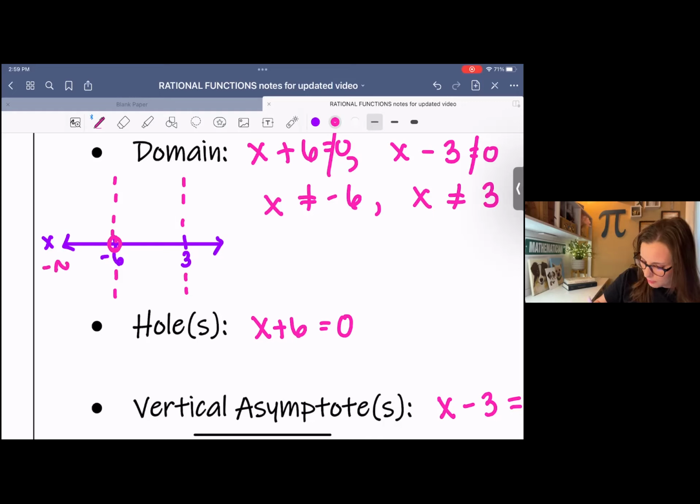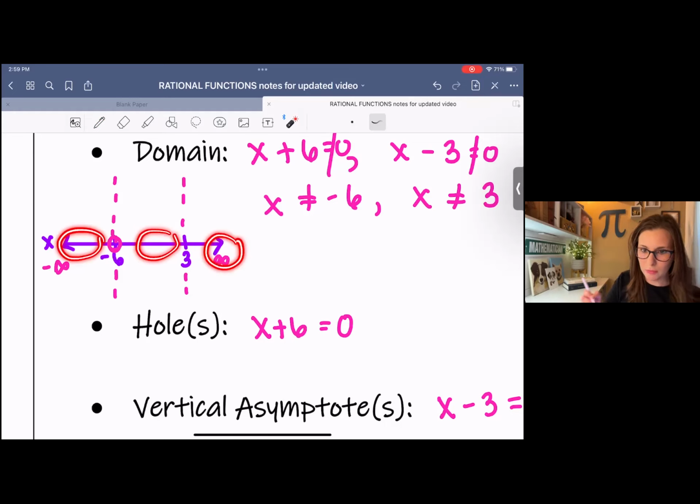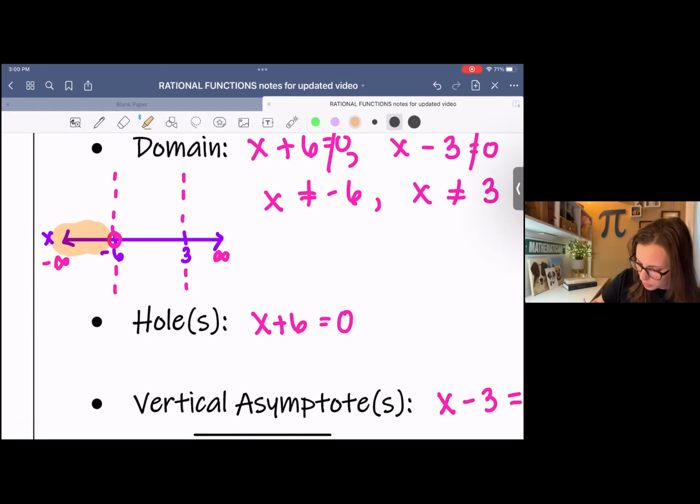This points to negative infinity. This points to infinity. I've got 3 regions here, 1, 2, 3. And those regions are where the graph can exist. The only places where that graph cannot exist are here and here, as far as x. We're just talking about x. So this sets up my interval notation. The far left region represents negative infinity to negative 6.